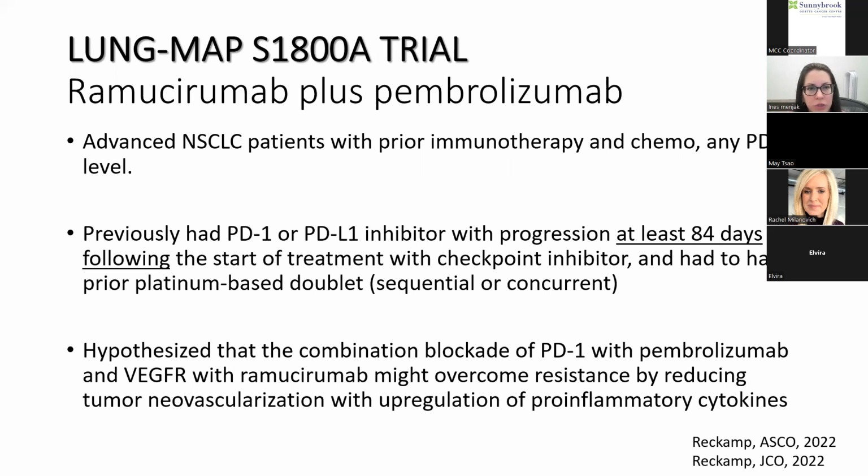This study was combining a VEGF receptor blocker, ramucirumab, with pembrolizumab. They did not select based on PD-L1 status. All of them had progression on a checkpoint inhibitor as well as a platinum-based chemo, either together or sequentially. They needed to have at least an initial response to the checkpoint inhibitor.